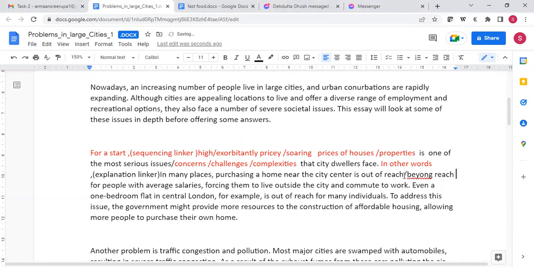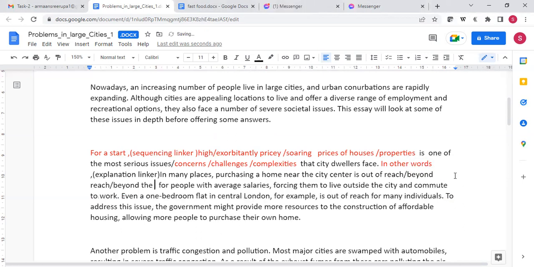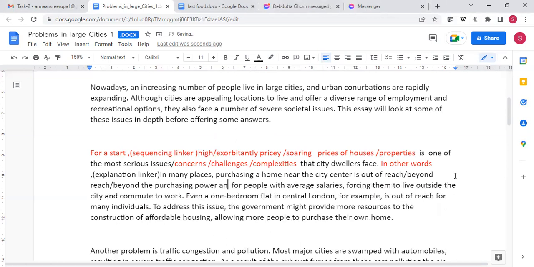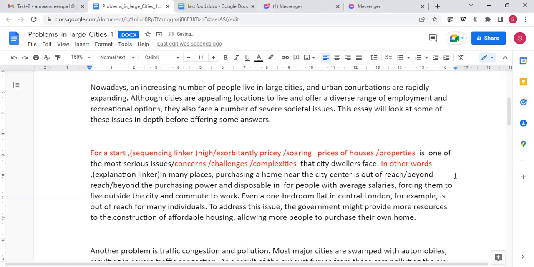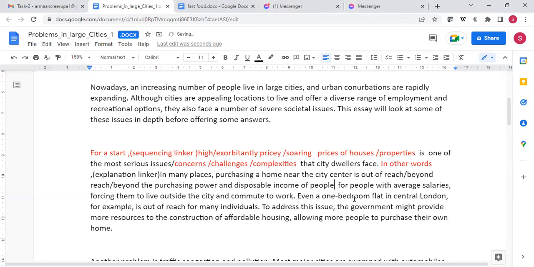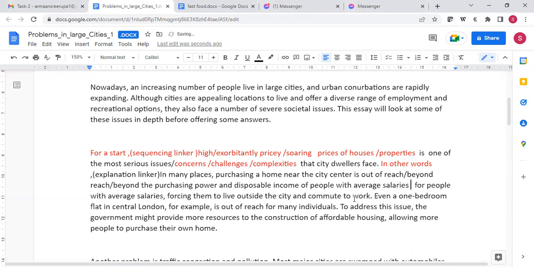Or a better way of writing this could be beyond the purchasing power and disposable income of people with average salaries. Yeah. So from here to here.